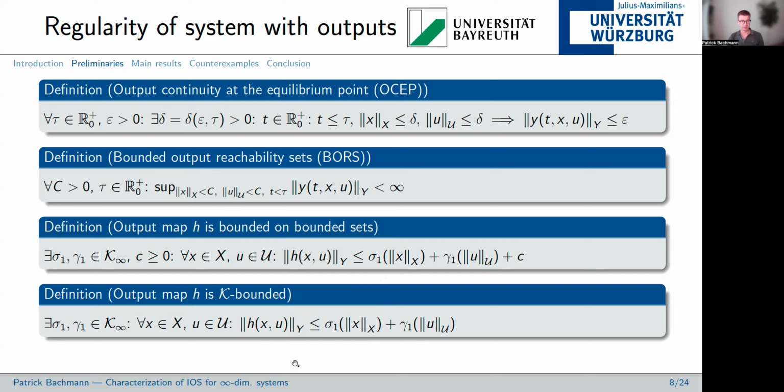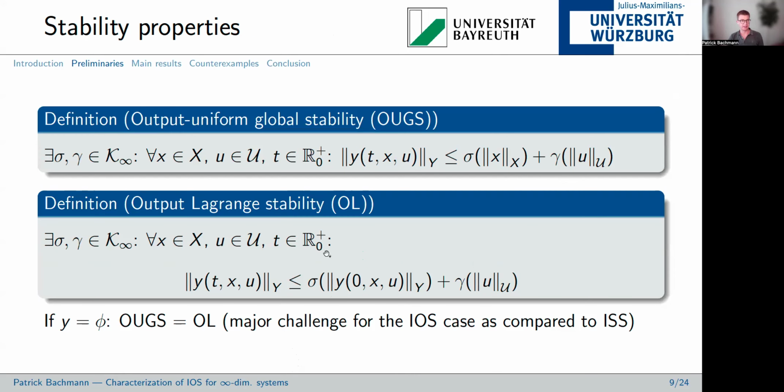Okay, so much about the regularity of systems. And now we consider, in fact, stability properties. There are several stability properties, but for what we want to do, it's very important that we have a uniformity in the output, which means that for bounded input and bounded state, the output gets uniformly bounded.